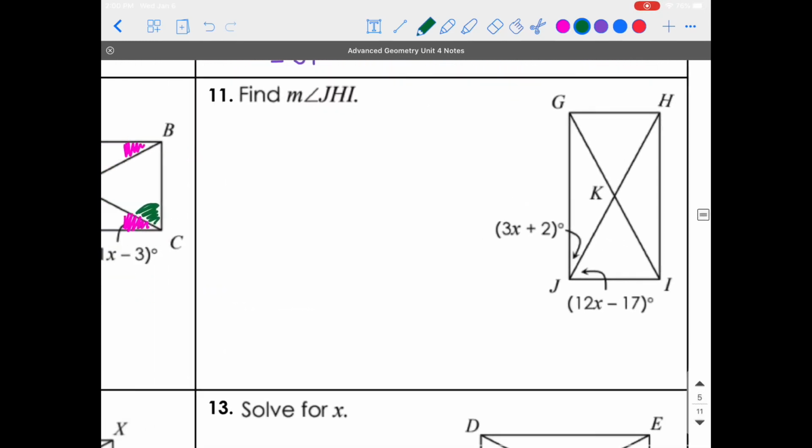Number 11, it gives us two angles that make a 90-degree angle. So 3x plus 2 plus 12x minus 17 equals 90.